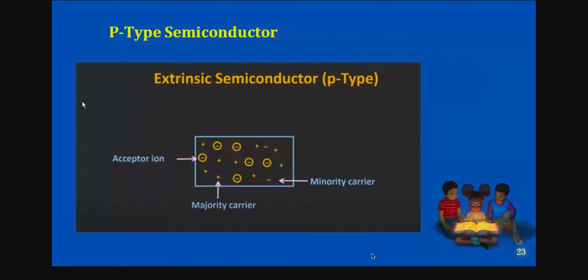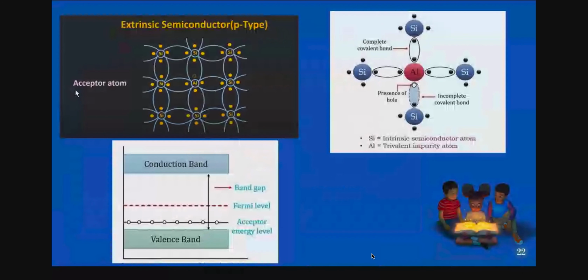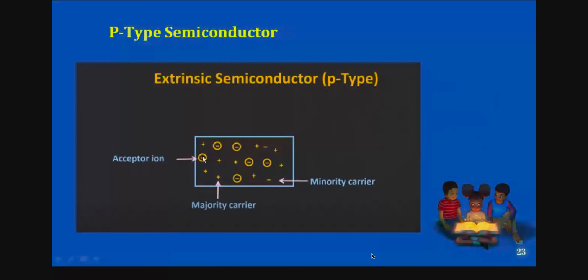They are not atoms, they are negative immobile ions. Because in the previous case these holes jump from here to the conduction band, they create ions, and those ions are negatively charged. So this is called an acceptor ion, that is, a negative immobile ion.